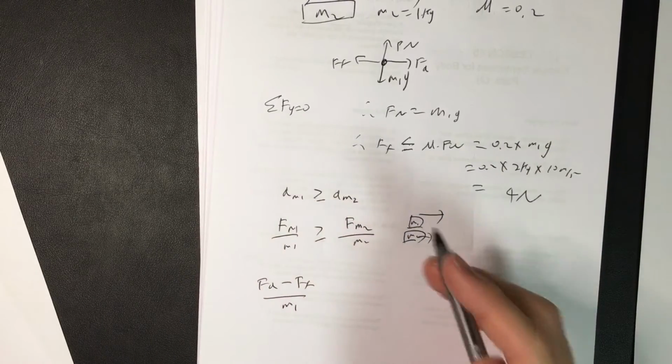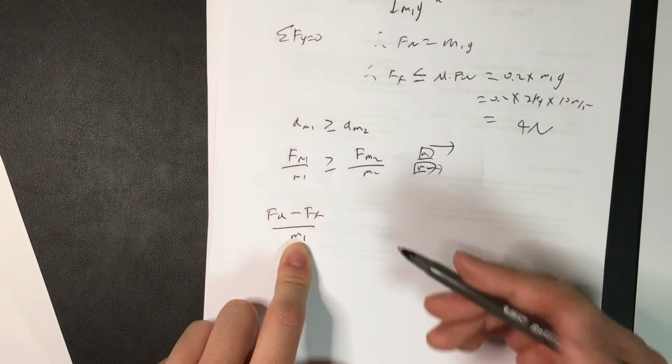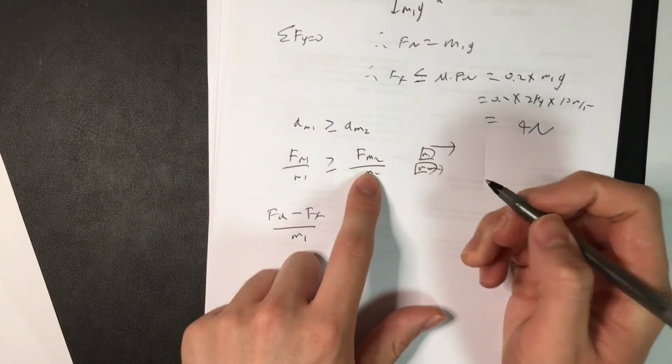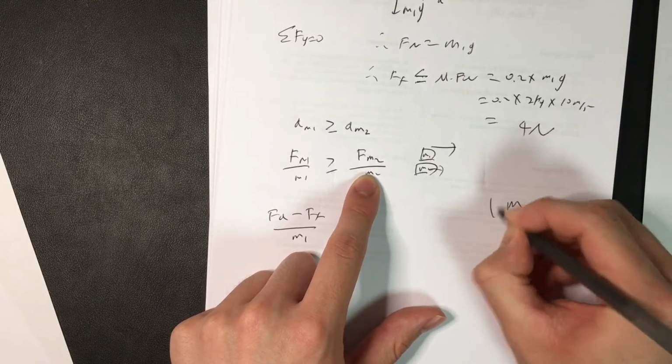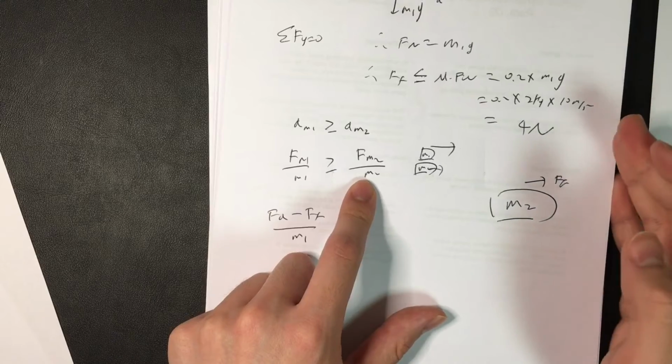So the acceleration of M1 equals the applied force minus the friction force divided by M1, and for M2, the only horizontal force is the friction force from M1.